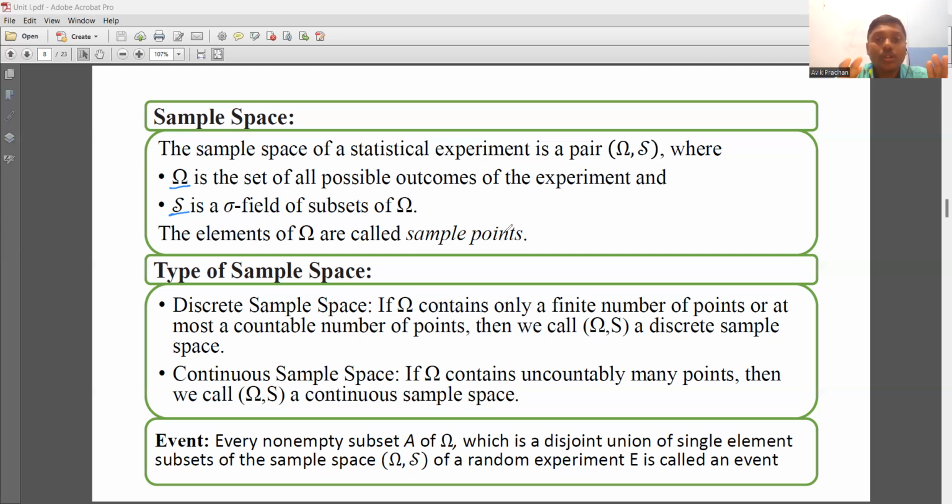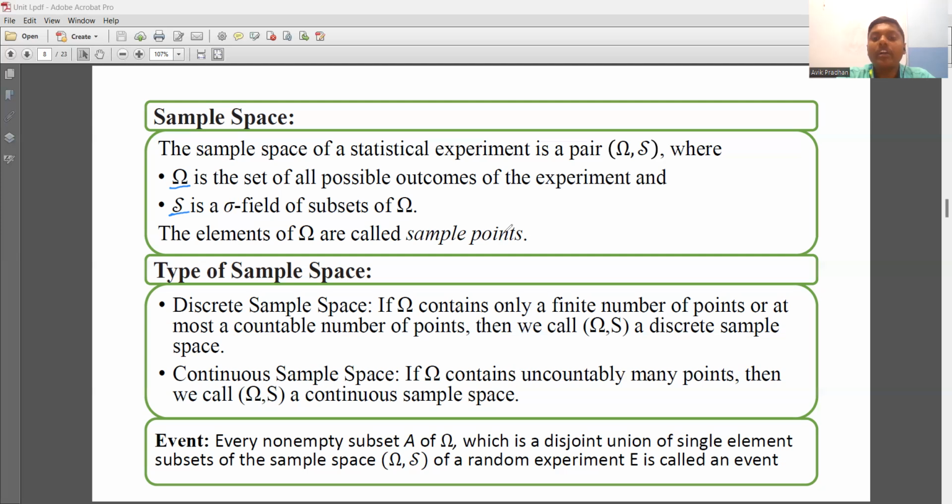So there are 2 types of sample spaces. One is the discrete sample space, where the set of all possible outcomes, omega, has a finite number of points or at most a countable number of sample points. Then the sample space is a discrete sample space.